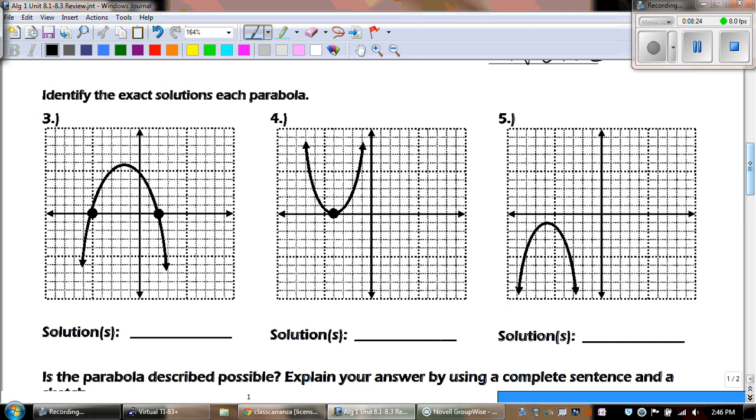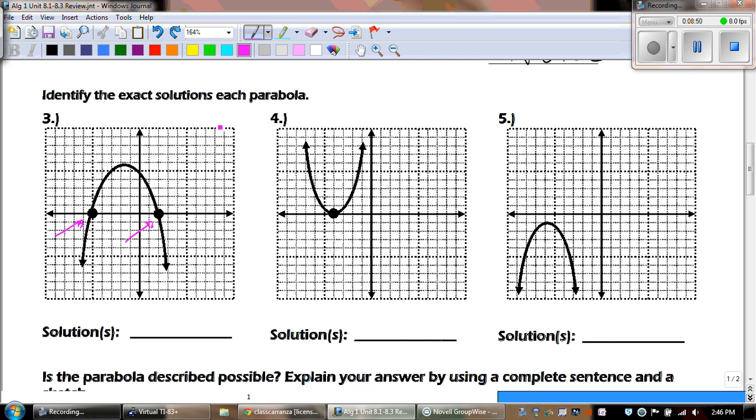Okay, so 3, 4, and 5 are saying how many solutions, or identify the solutions for each parabola. So the solutions are where it crosses the x-axis. This one has 2 solutions because it crosses the x-axis 2 times. Well, what are those 2 points?